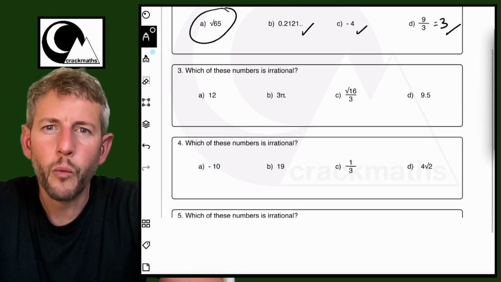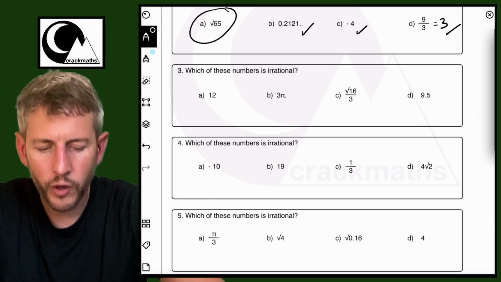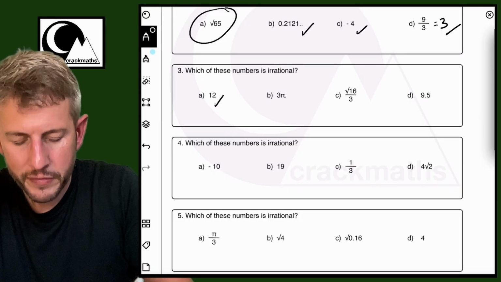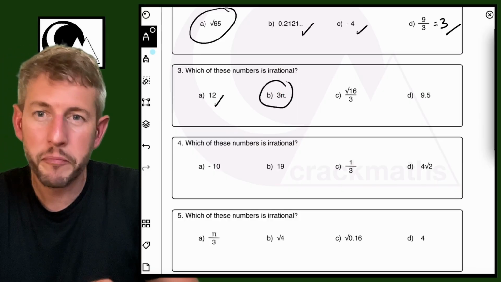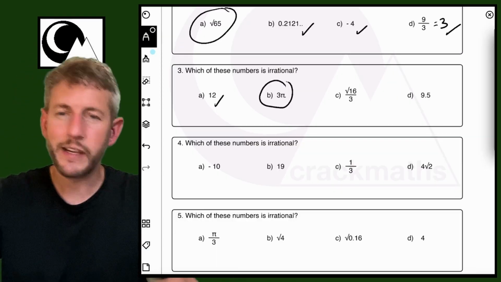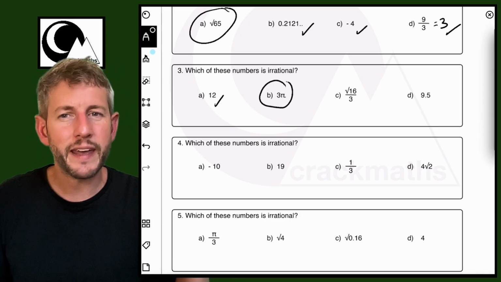Question 3 says, which of these numbers is irrational? Okay, well, I'm not going to waste our time. Well, actually, I will. 12 isn't irrational, that's fine. Root 3 pi is irrational. Anything to do with pi is going to be irrational, no matter what you multiply pi by, you do not make it rational.